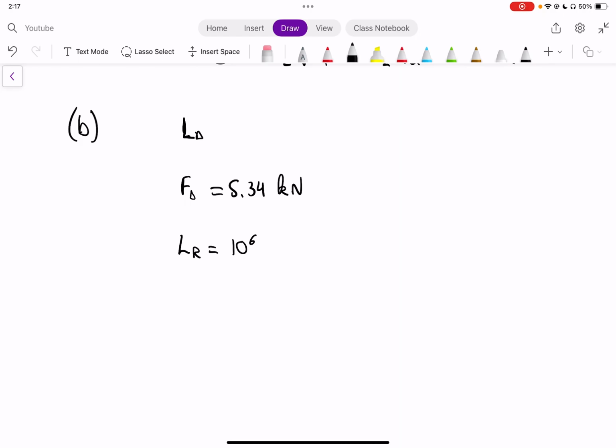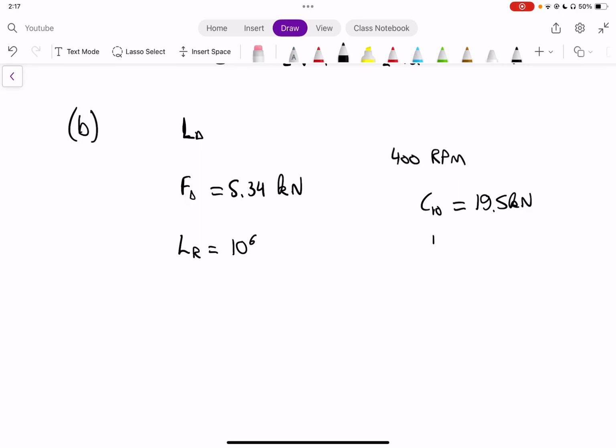And we're also given that our system is rotating at 400 RPM, so we could find it in hours if we want to. And we know from our table 11.2 that our C10 value, or our 90% reliability value, is equal to 19.5 kilonewtons. And this is for a reliability of 0.9. Okay, so we have this information from table 11.2.